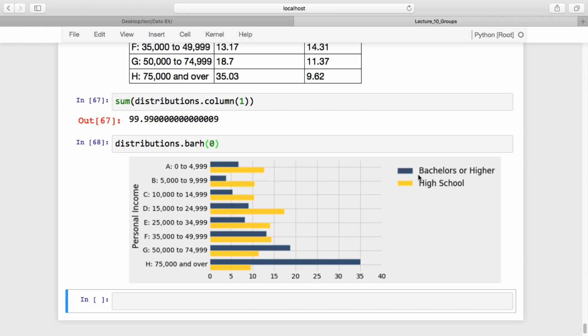The blue bars represent those with bachelor's degrees or higher. The gold bars represent those who stopped at high school. For the lower income levels, the gold bars are longer than the blue. That is a higher percent of the people with high school degrees have lower incomes than the people with bachelor's degrees, and at the high income levels, the blue bars have shot up.